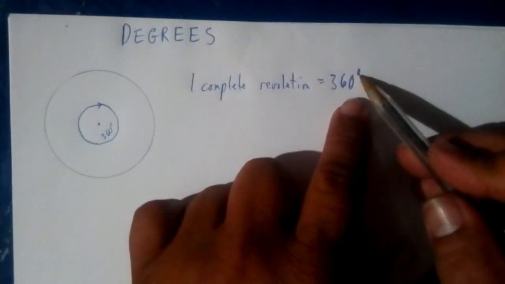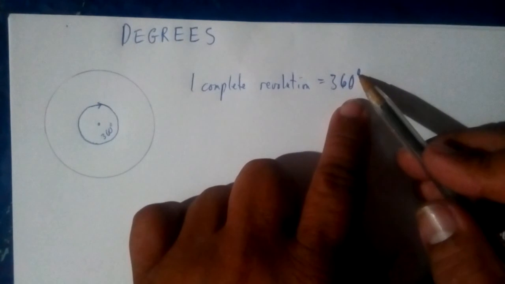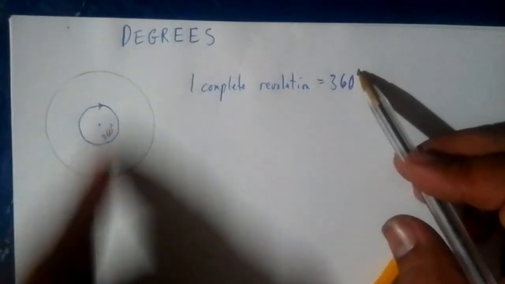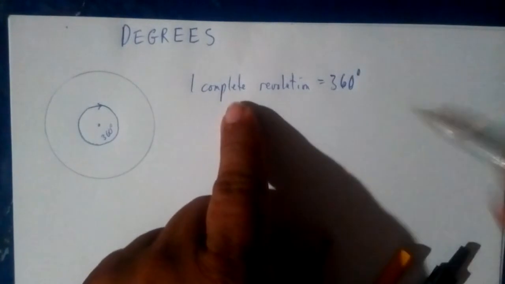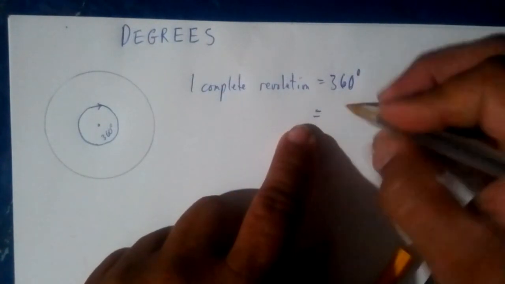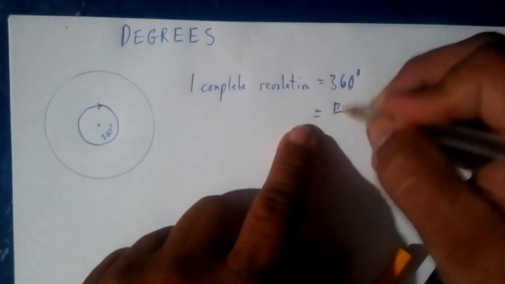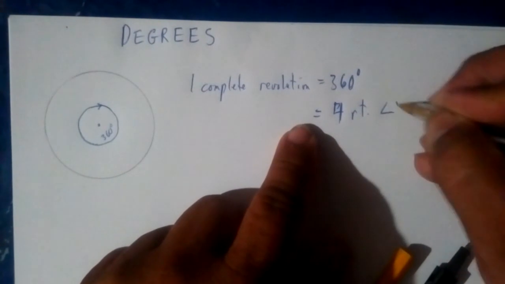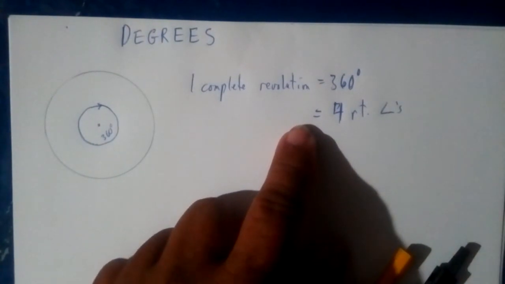This symbol represents degree, right? Notice that here we can form four right angles. A complete revolution is also equal to 4 right angles.